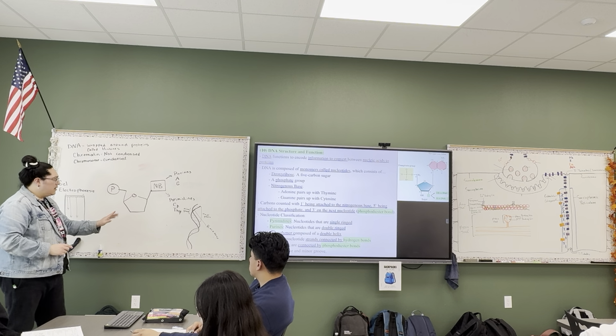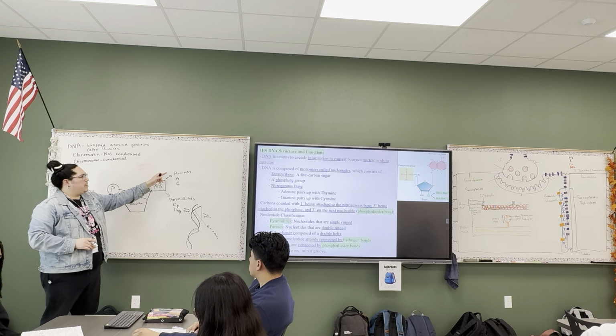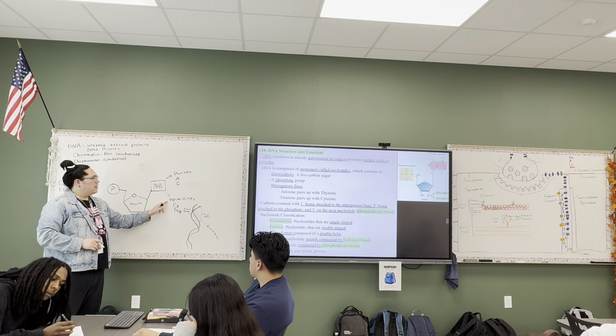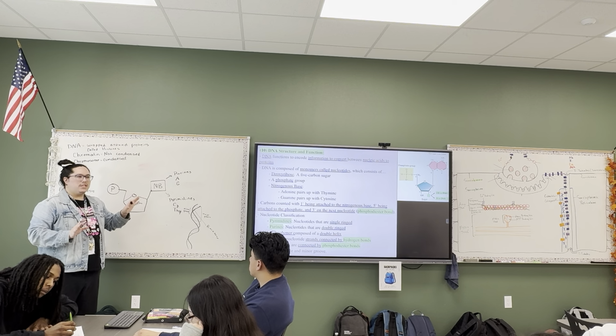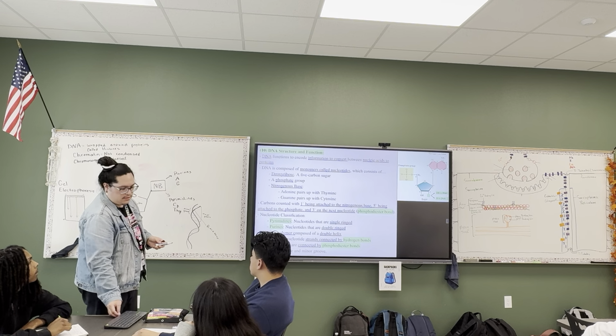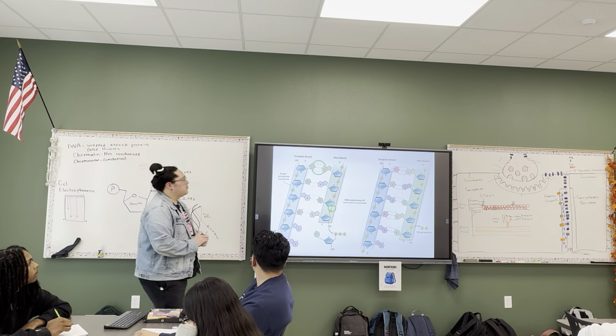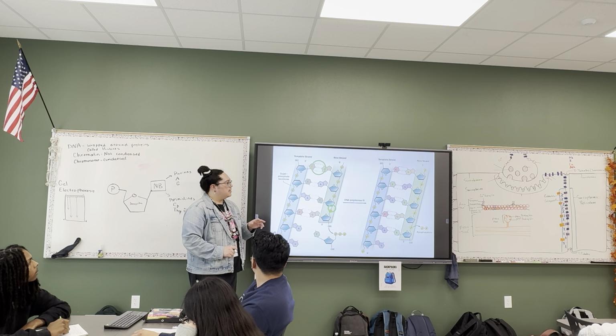So again, what sugar is this? Deoxyribose. With the nitrogenous base, which can be purines. But what's special about purines? Again, looking at this image, what's the difference between purines and pyrimidines?